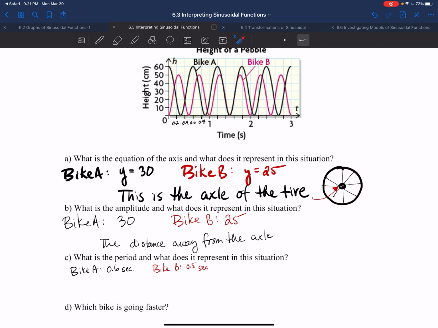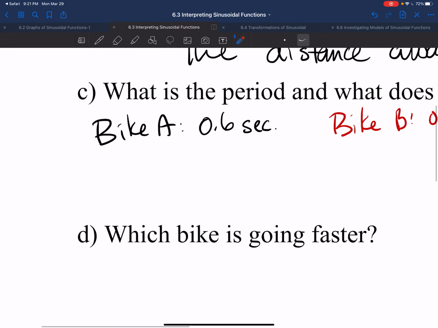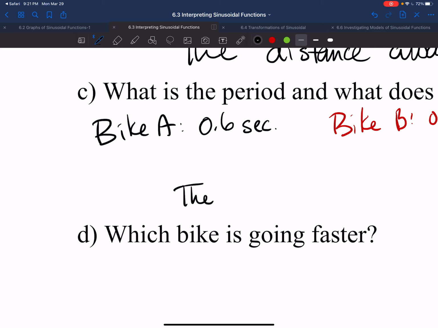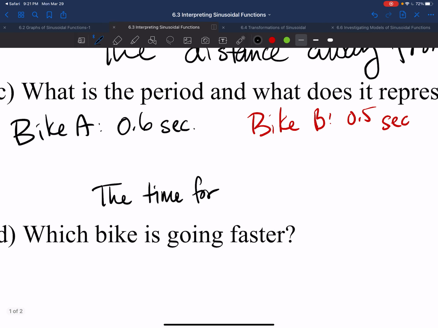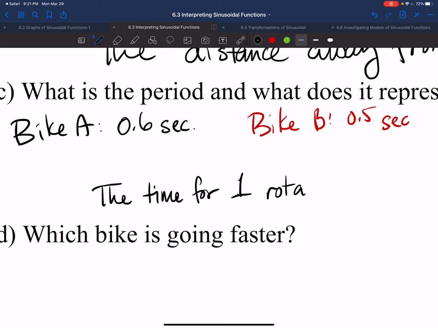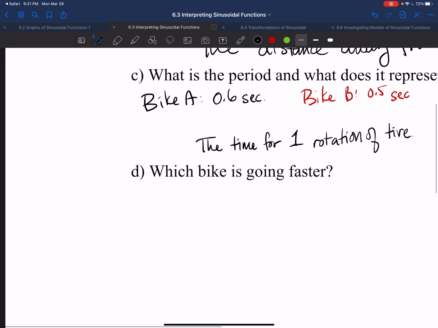So what's happening is the tire is turning. That's the time it takes for one rotation of the tire. Okay, so the period in this case is the time for one rotation.